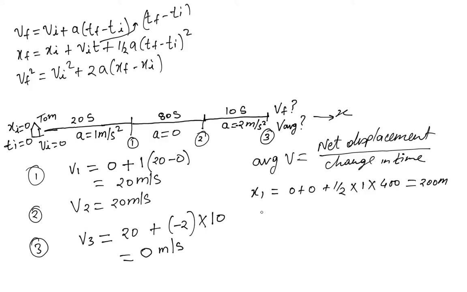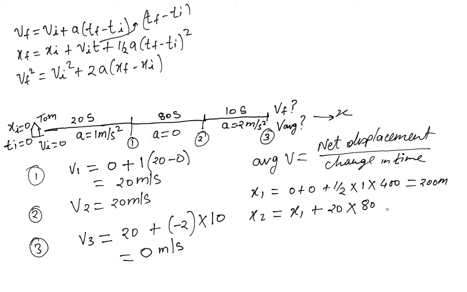Okay, so what is the distance traveled in this part? Well, x2 is the final distance for this section, x1 is the initial distance, plus the initial velocity, which is the same throughout and which we just calculated to be 20, multiplied by Tf minus Ti, which is actually 80, because we already mentioned that he traveled for 80 seconds.